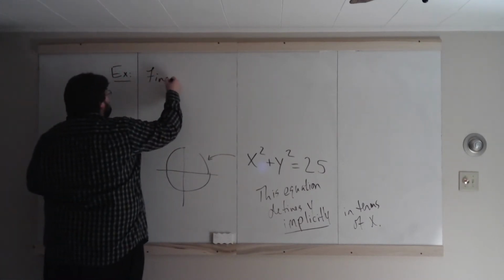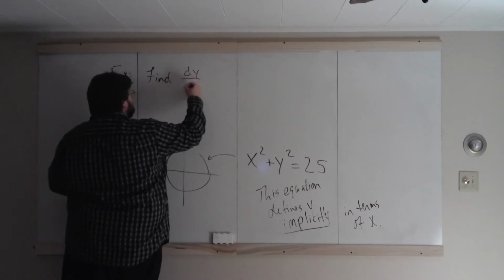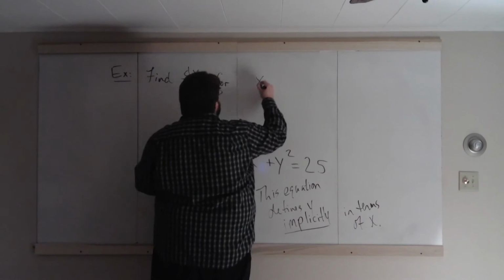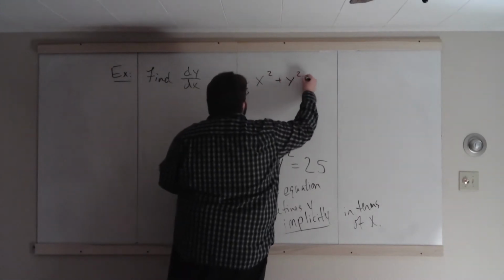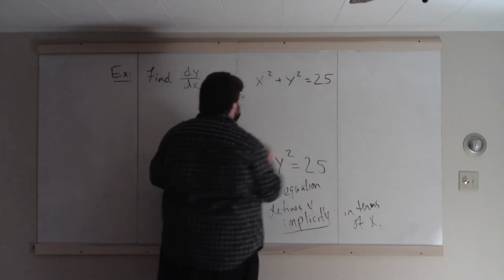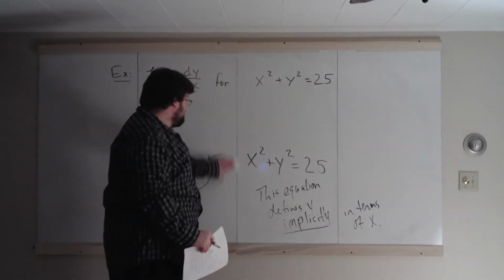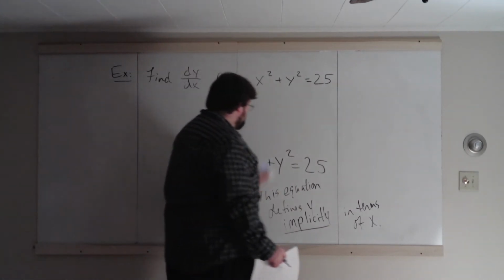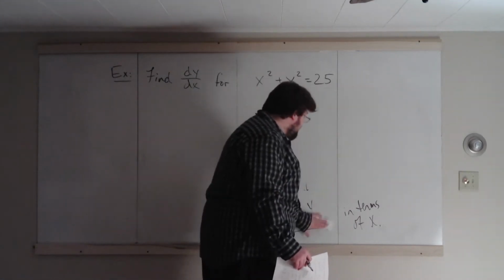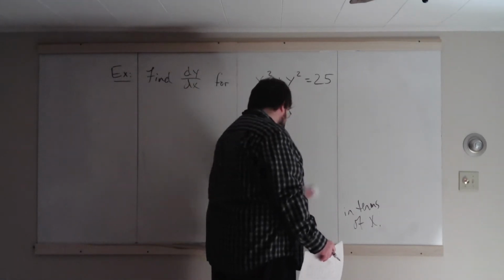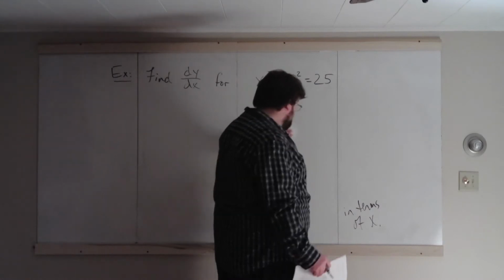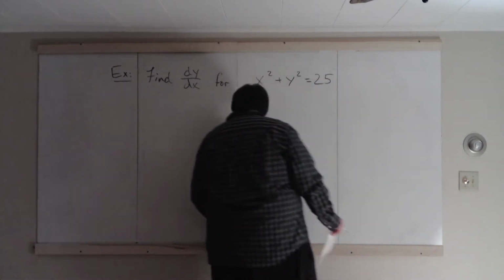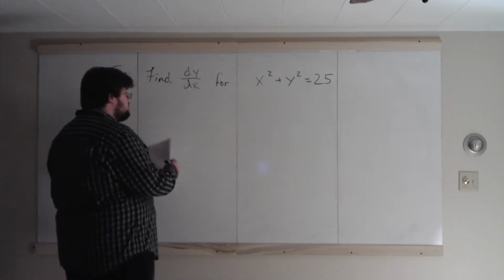Find dy dx for this equation relating x and y. Well, we'll think of y as being kind of a function of x. Not a perfect function of x, but kind of a function of x. And we'll take that into account when we differentiate both sides with respect to x.